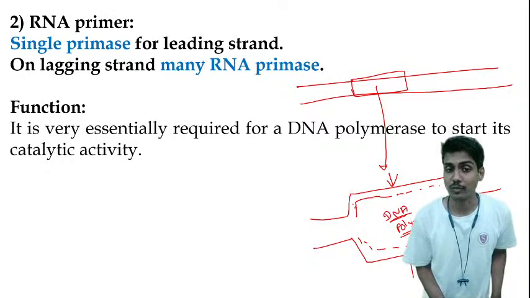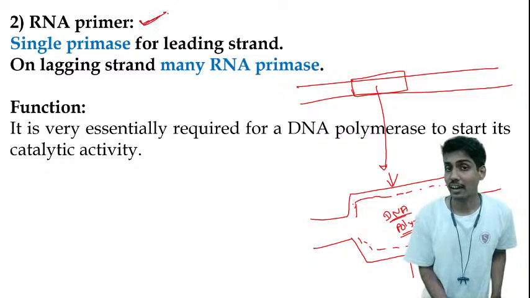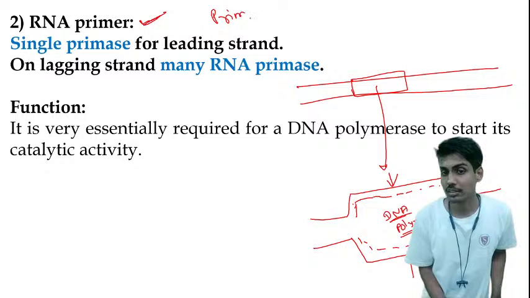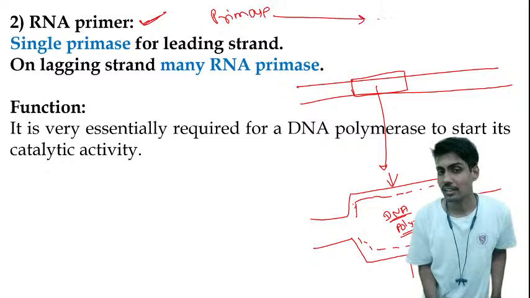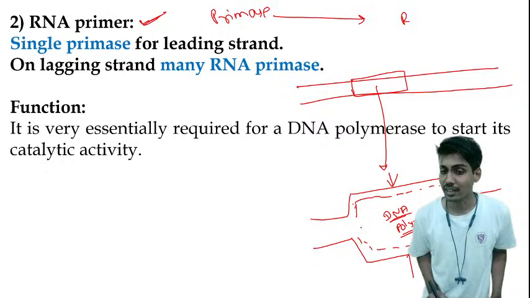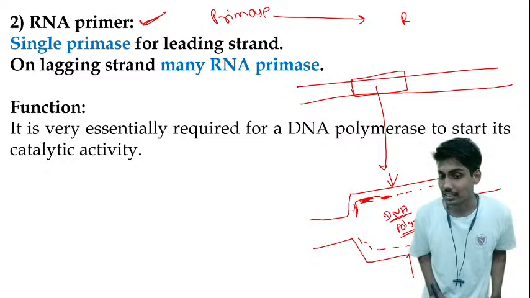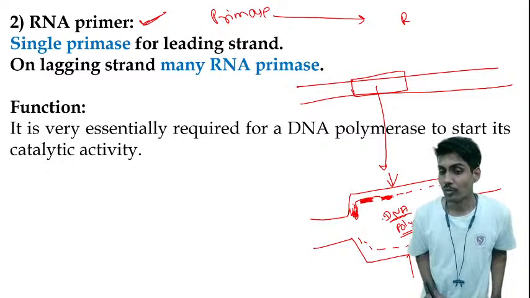That is RNA primase, forming the RNA primers. Now, what are these RNA primers? They are nothing but fragments of RNA nucleotides, or you can say short RNA strands. Okay, what will this RNA primase or DNA primase do?